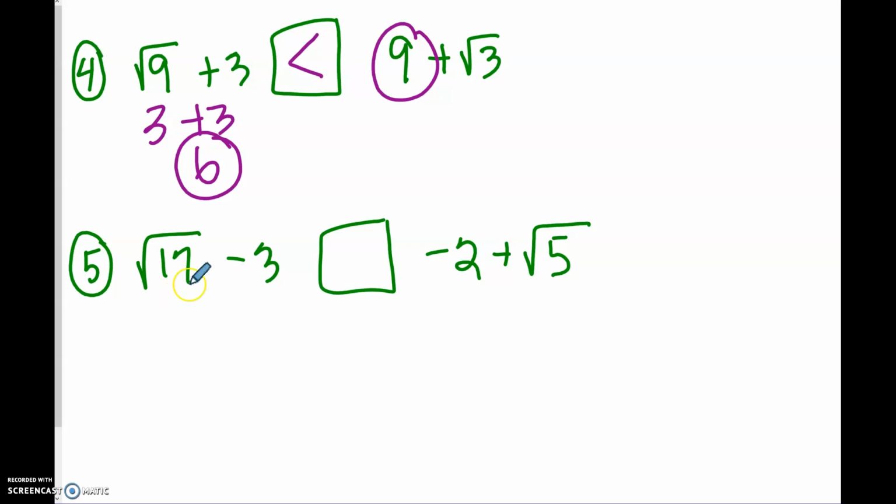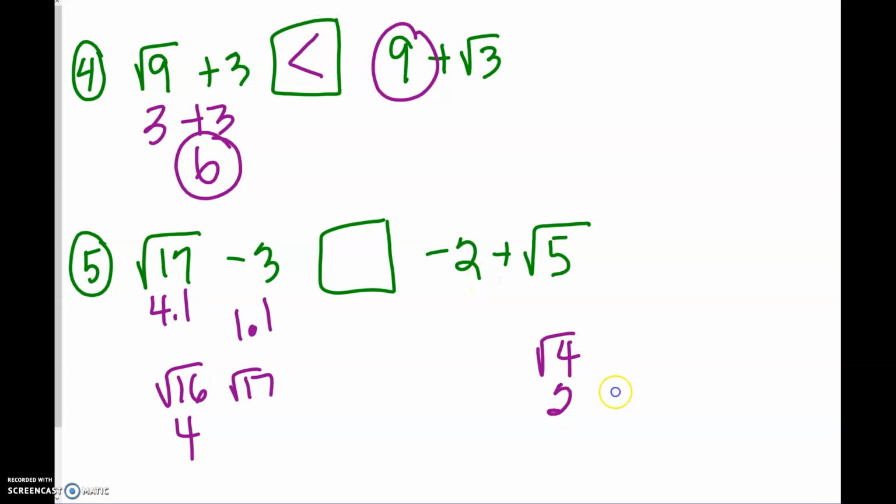All right, so we have the square root of 17. Let's see, the square root of 16 is 4. So the square root of 17 is just a little bit bigger. So we're going to say 4.1 minus 3. So 4 minus 3 is 1. So we have about 1.1. All right, so we have negative 2, and let's see, the square root of 4 is 2.